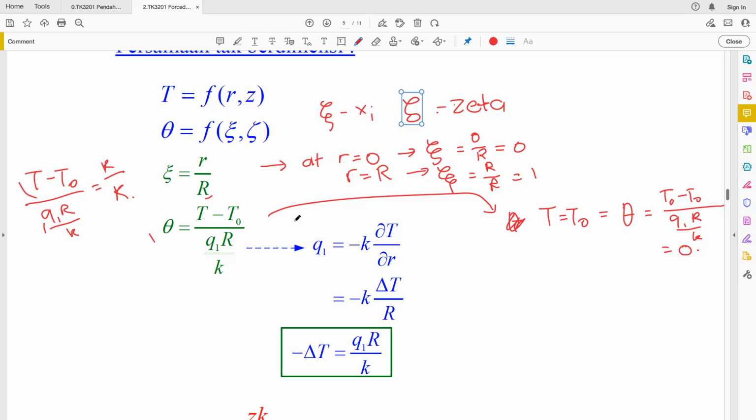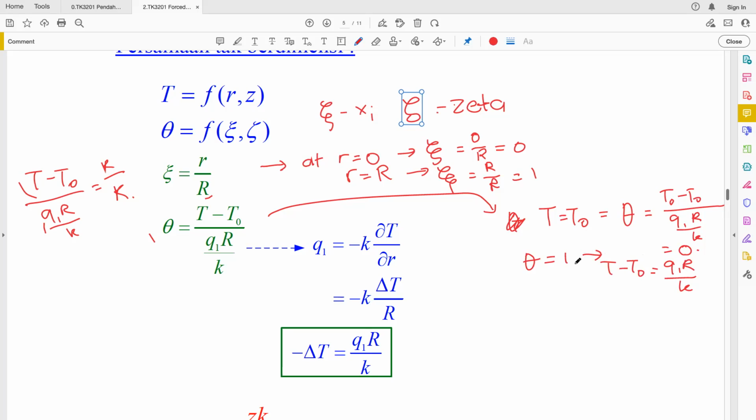And when theta equal to 1, that would be when T minus T0 is equal to Q1 R over K. So this condition would hold.